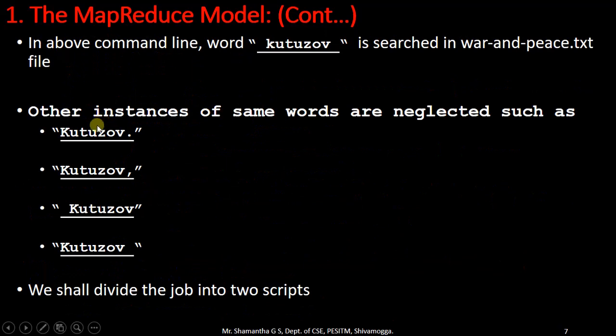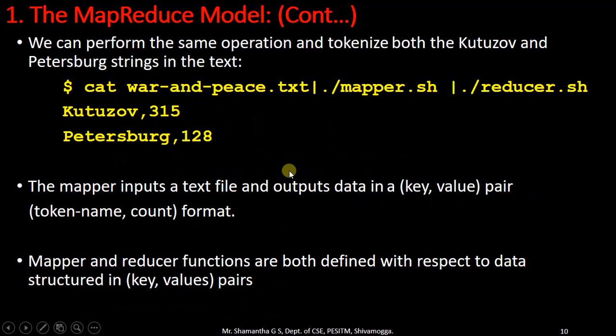For example, Kutuzov with a space on both sides, Kutuzov with a dot, with a comma, only one space at the beginning, or one space at the end. By combining all of these, we got the output as 315.